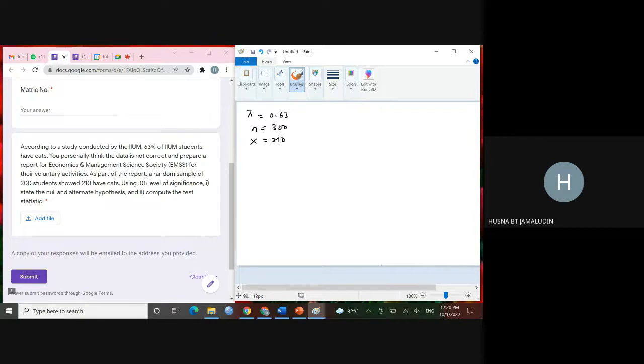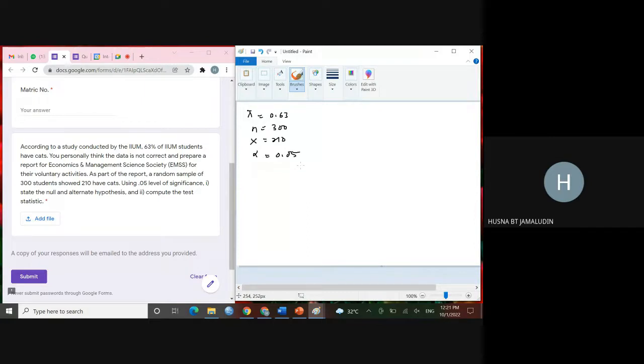Out of 300 sample, you observe that this is your X, 210 have cats. So using 0.05 level of significance, this is your alpha, 0.05. You should state the null and alternate hypothesis, and then compute the test statistic.